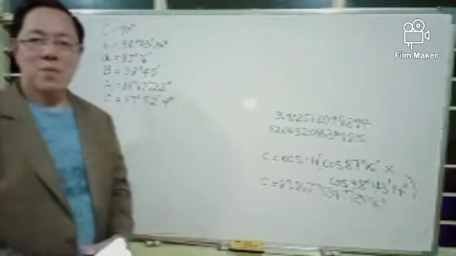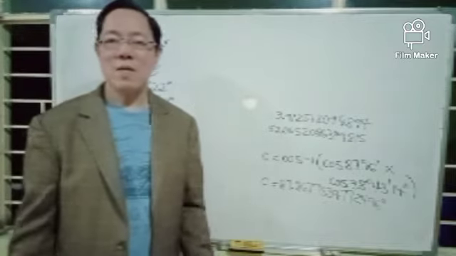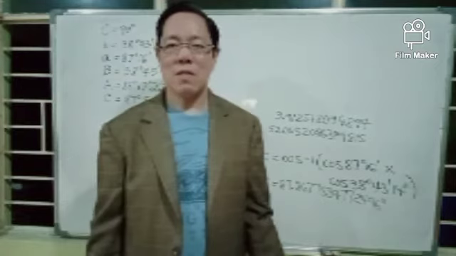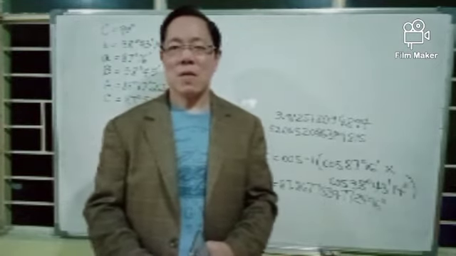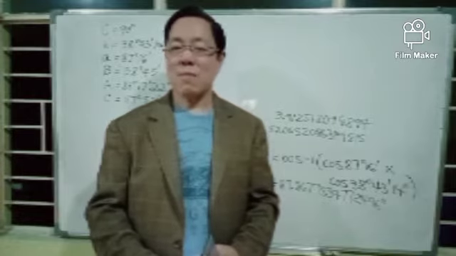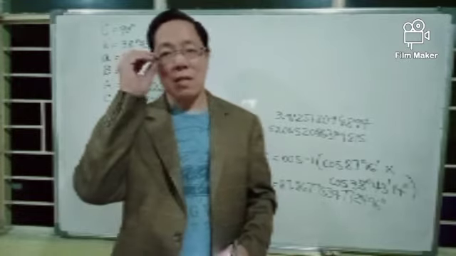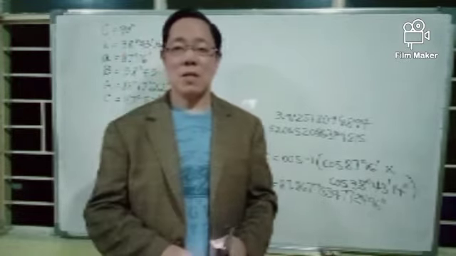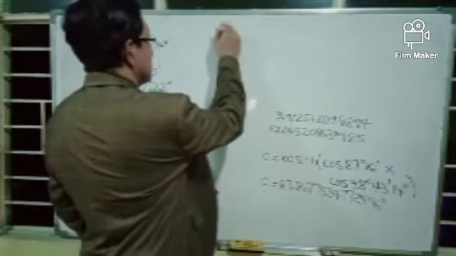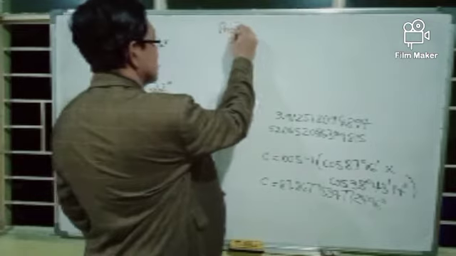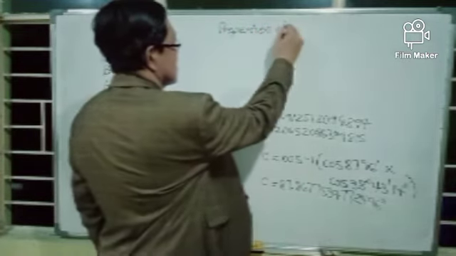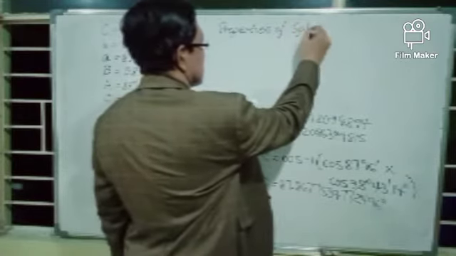Now we will verify the properties of spherical triangles. Spherical triangles have certain properties. The first property is that the maximum value of a side of a spherical triangle is 180 degrees.